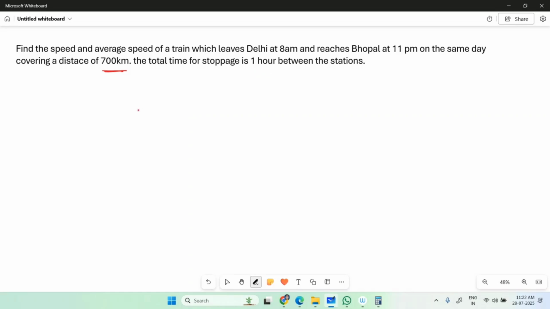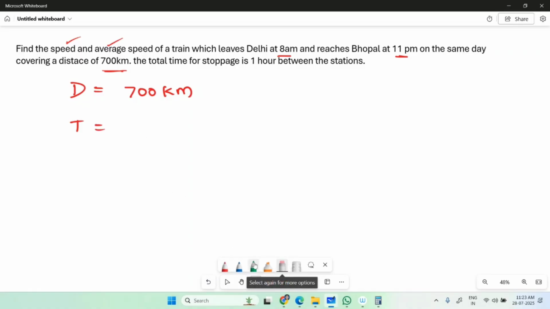The given information is distance equals 700 kilometers. In the question, time is not given directly in hours; instead, they have given 8 am to 11 pm. So 8 am to 11 pm means 15 hours, and time of stoppages is 1 hour.